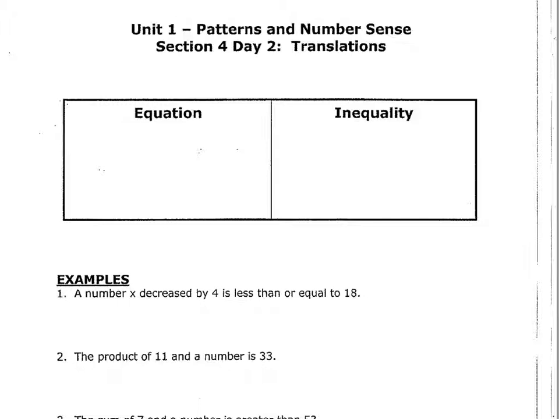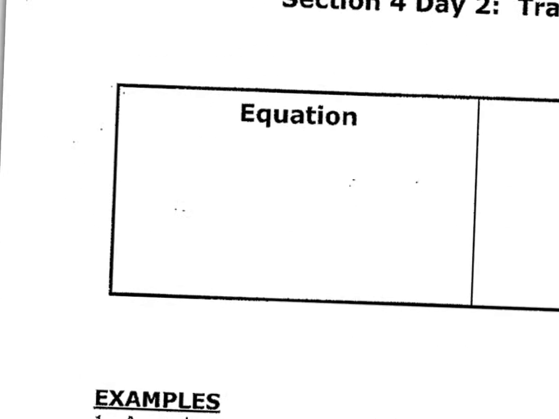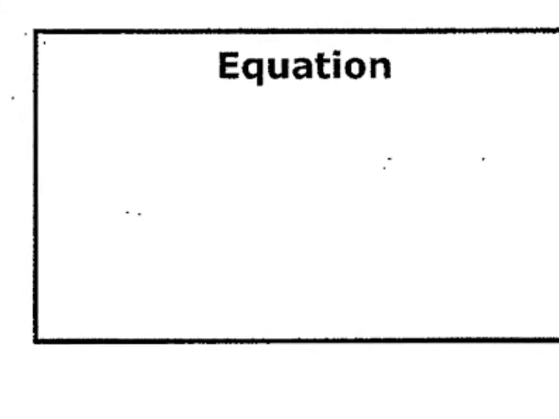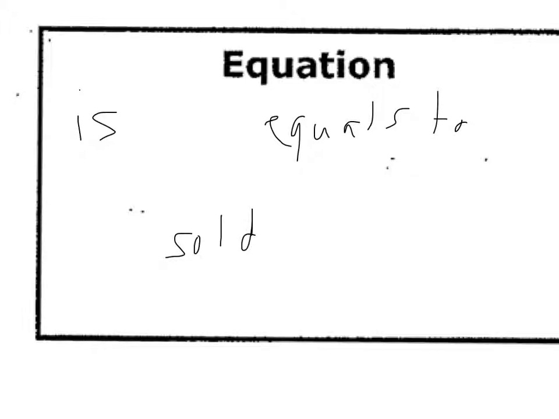Alright, so first let's talk about words that are the same thing as equation. If you see these words, you know that the word problem is talking about equations. You could have words such as is, or equals to, or sold for if you're looking at some type of problem that has to do with selling merchandise.